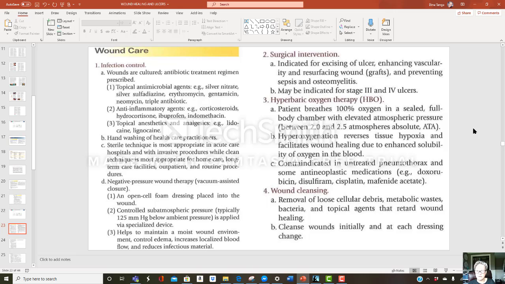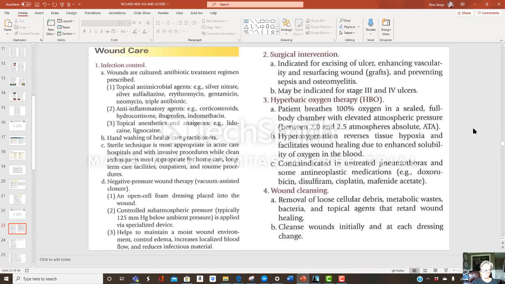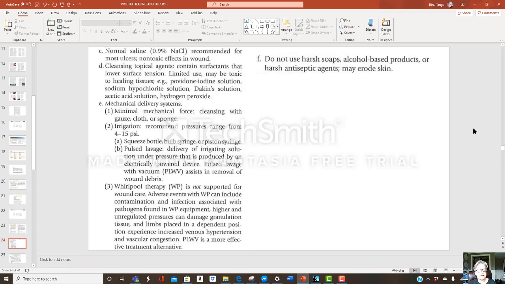Wound cleansing: removal of loose cellular debris, metabolic waste, bacteria, and topical agents that retard wound healing. Cleanse wounds initially and at dressing change. Normal saline is recommended for most ulcers, non-toxic effects in wound.